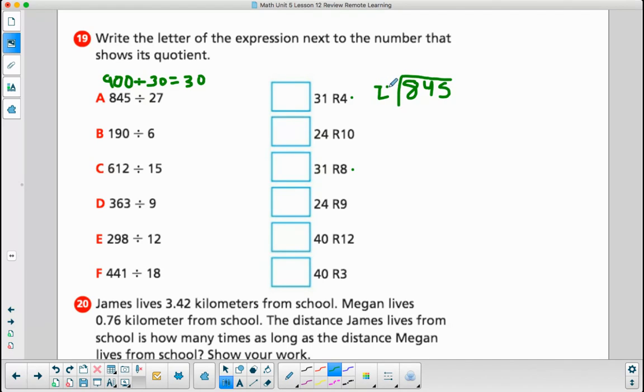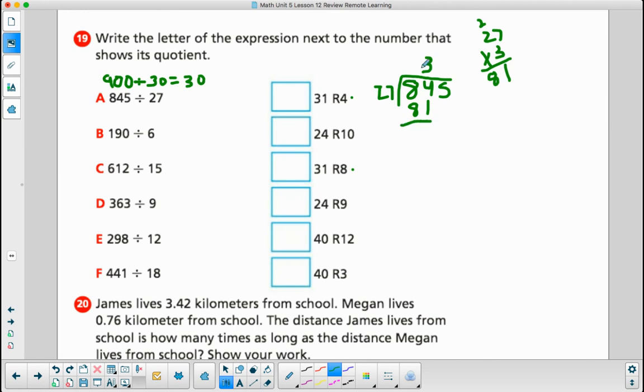And my estimate tells me that I won't have any hundreds, but I'll probably have 3 tens. 3 groups of 27 are 3 multiplied by 7 ones are 21 ones, which is 2 tens and 1 one. 3 multiplied by 20 is 60, plus 2 more tens would be 80. That gives me 81. Things are looking good.